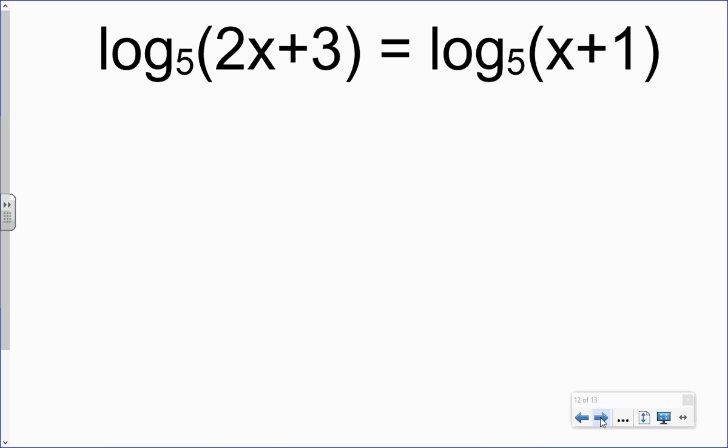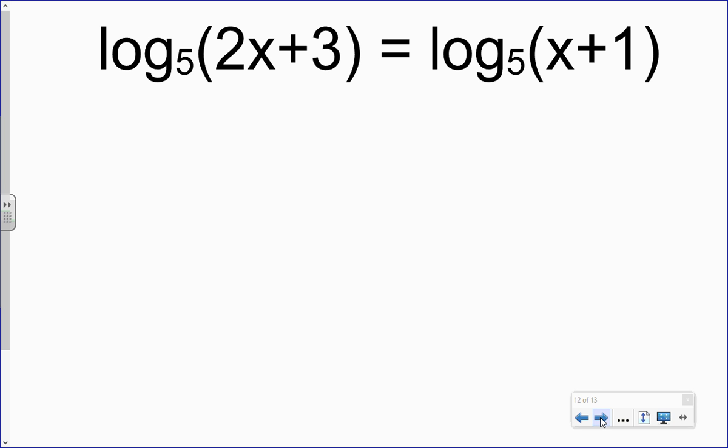Last thing before I let you pack up, we need to talk about how we would solve one of these equations. So go ahead and write it down. What's true about the bases of our logarithms? They're the same. What's true about our two logarithms?